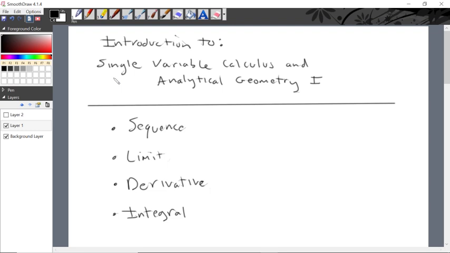This has been developed over a long period of time, stretching back thousands of years, and it has developed into a very important dynamic study of systems. With the use of calculus, we can study systems or phenomena that change over a continuum.